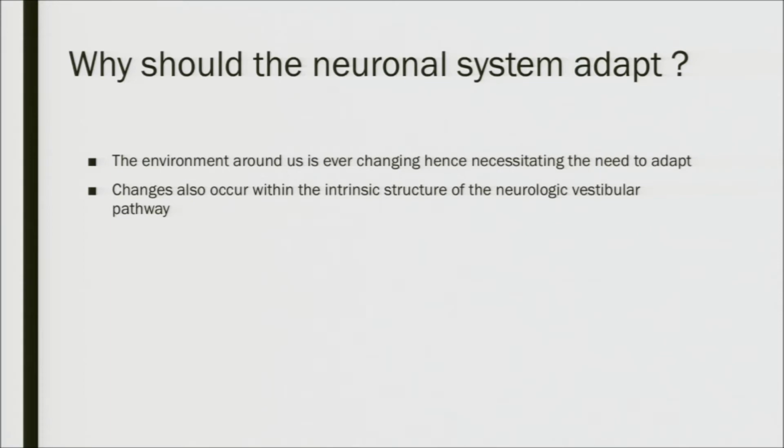In older age, you start wearing prescription glasses. For all this, we require the vestibular system to adapt for us to have a perfect balance. This and also the pathologies, various pathologies like benign positional vertigo, Meniere's disease, etc., require compensation at some point of time.